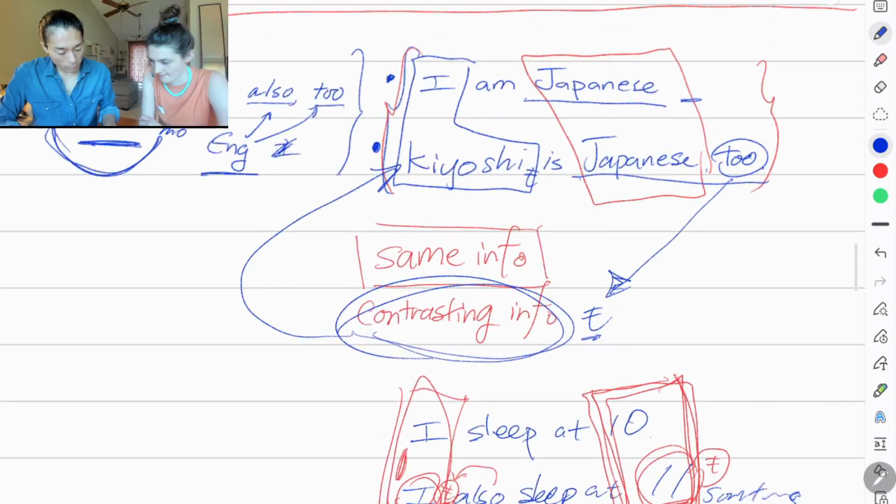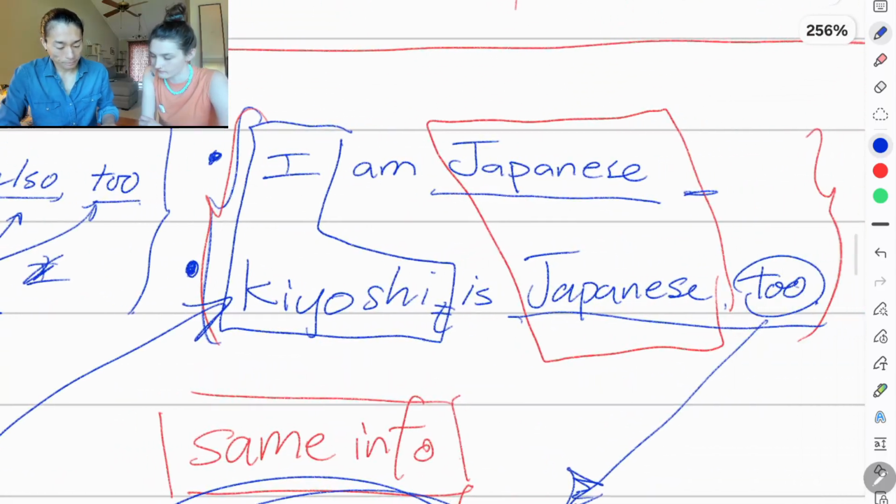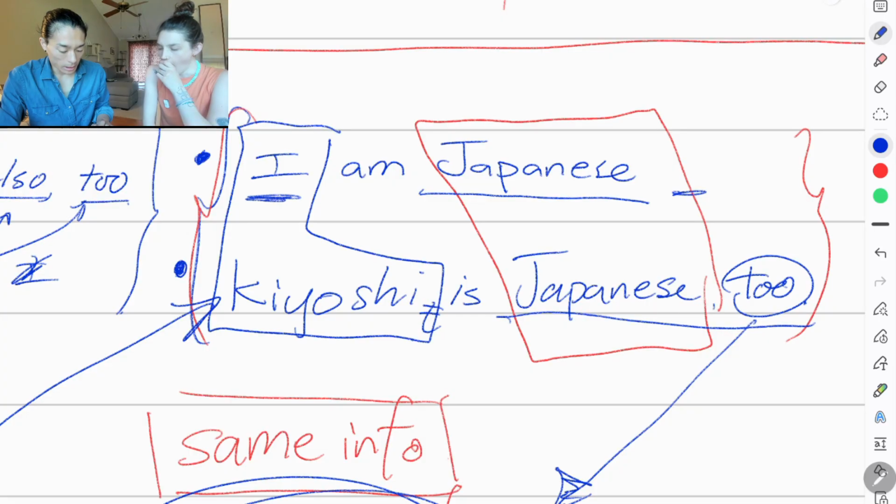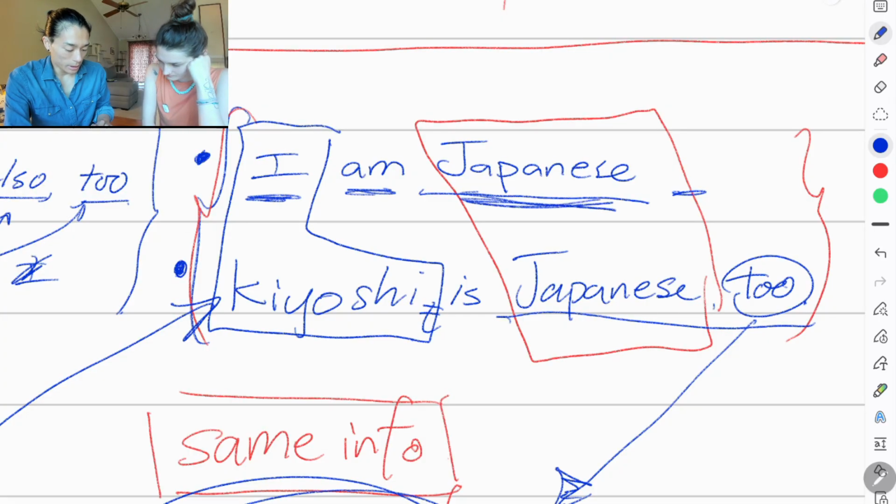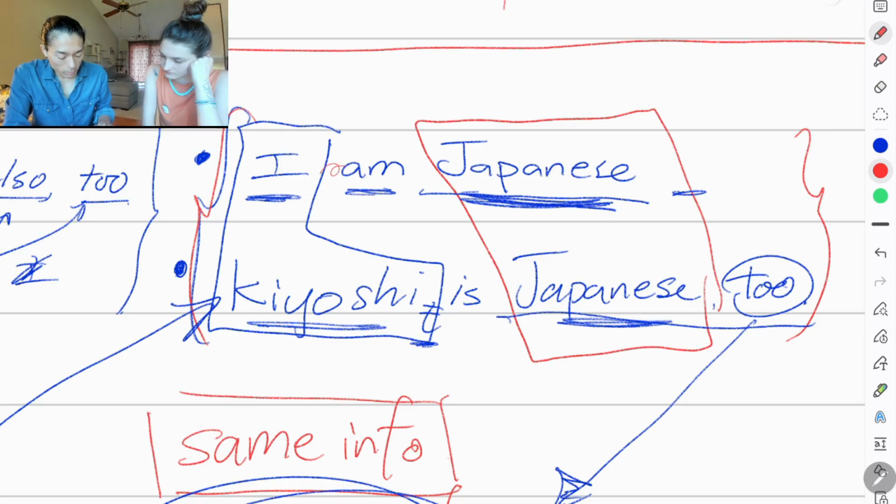When we translated this one, we said watashi wa Nihonjin. I'm Japanese, right? And then we said Kiyoshi mo Nihonjin, right? One difference we can see is we put wa here and then we put mo here. Does that mean we can take off wa?